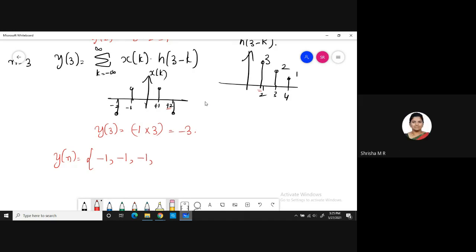Y of 0? 4. Y of 1? 1. Y of 2? 1. And y of 3 is minus 3. Got it? So this is your convolution. N has 7 samples and the origin is at n is equal to 0.